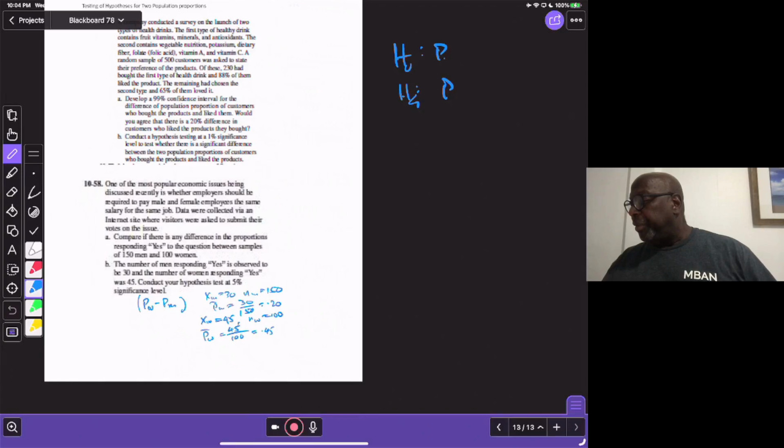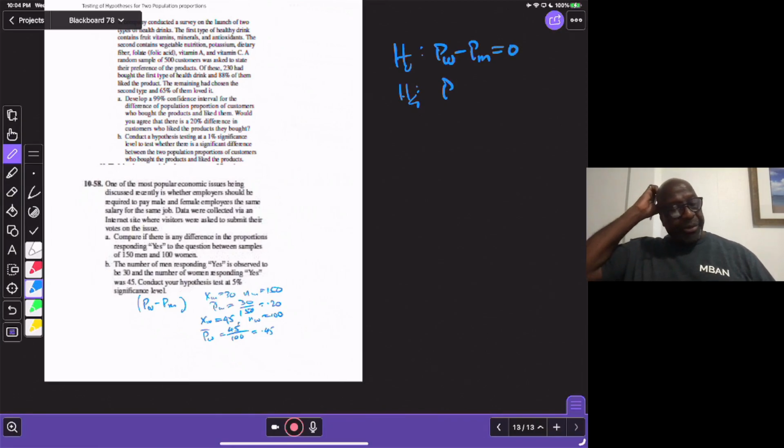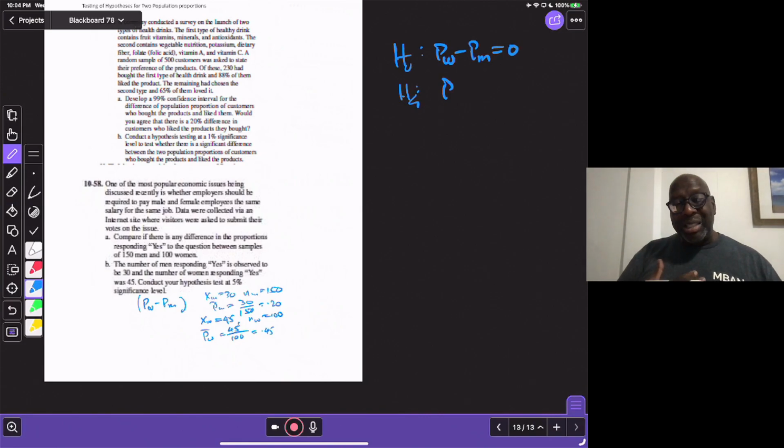If we're going to say PW minus PM is equal to 0, or greater than or equal to 0, less than or equal to 0, then when we set the test to the boundary where PW minus PM is equal to 0, we are saying that those two proportions are equal to each other. In which case we're going to need a pooled sample variance.